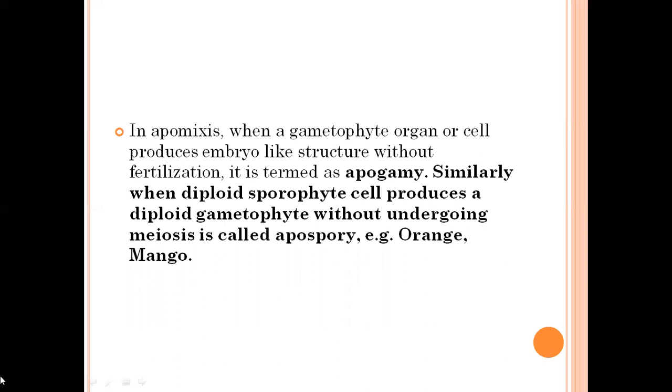Just now I told you that fertilization is there but gamete formation is not. So when a gametophyte organ or cell produces an embryo-like structure without fertilization, it is called apogamy. Similarly, when a diploid sporophyte cell produces a diploid gametophyte without undergoing meiosis, it is called apospory.